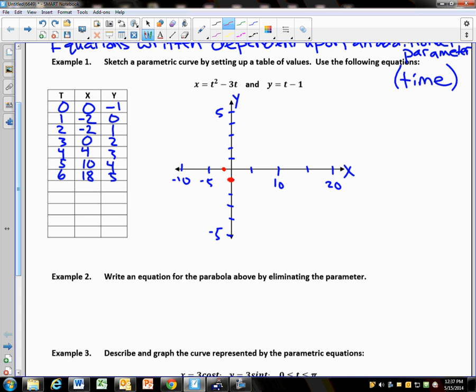My third value, back 2, up 1. Zero, 2. 4, 3. 10, 4. And 18, 5.